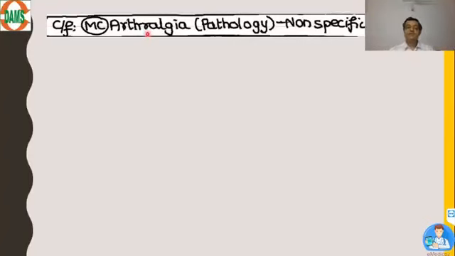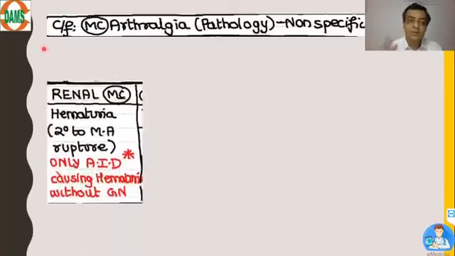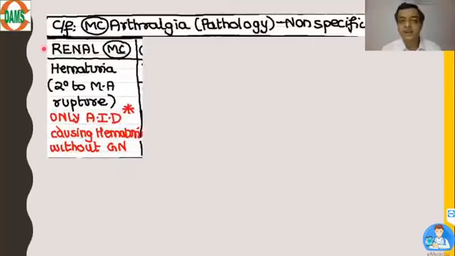The diagnosis comes based on the artery involved. The most common artery affected in PAN is the renal artery, because of which the patient develops complaints of hematuria.